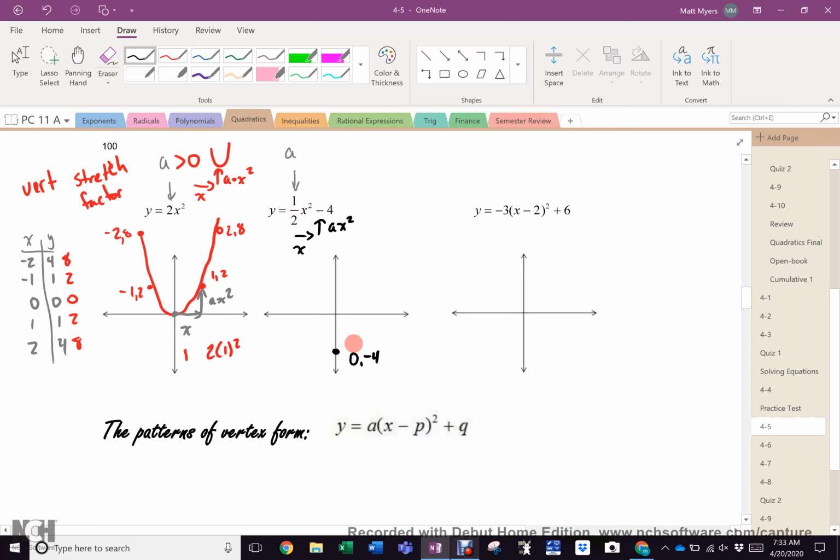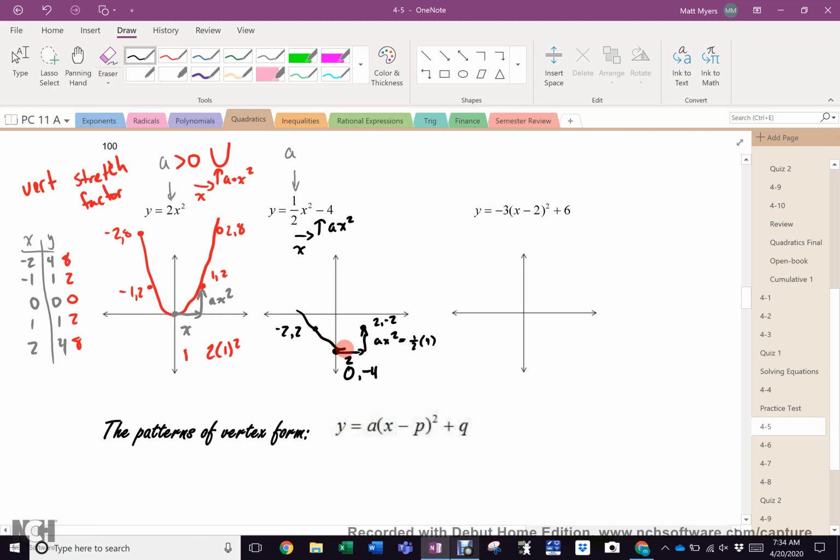So I don't want to put any fractions on here. That's a pain. So I'm going to go over 2. Now normally I should go up ax squared, right? Well, x squared is 2. A is a half. So that's going to be a half times 4. I go up 2. So I go over 2, I go up 2. So this is now 2, negative 2. And over here is going to be negative 2, 2.